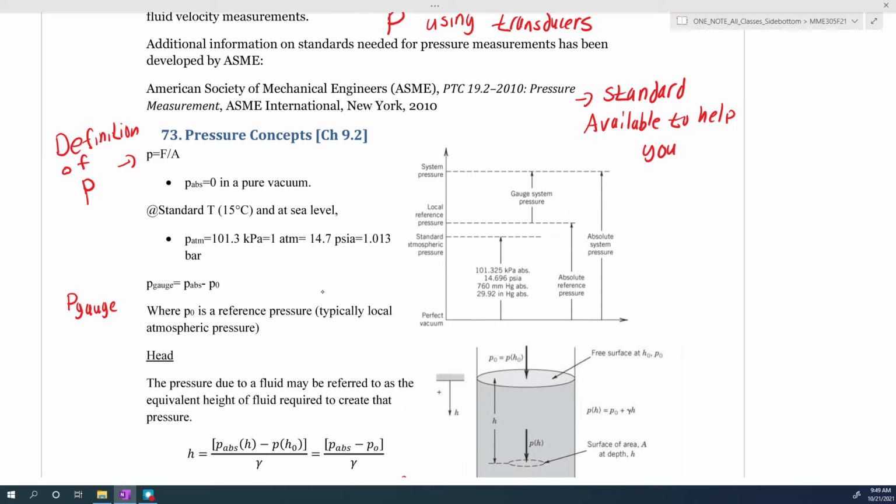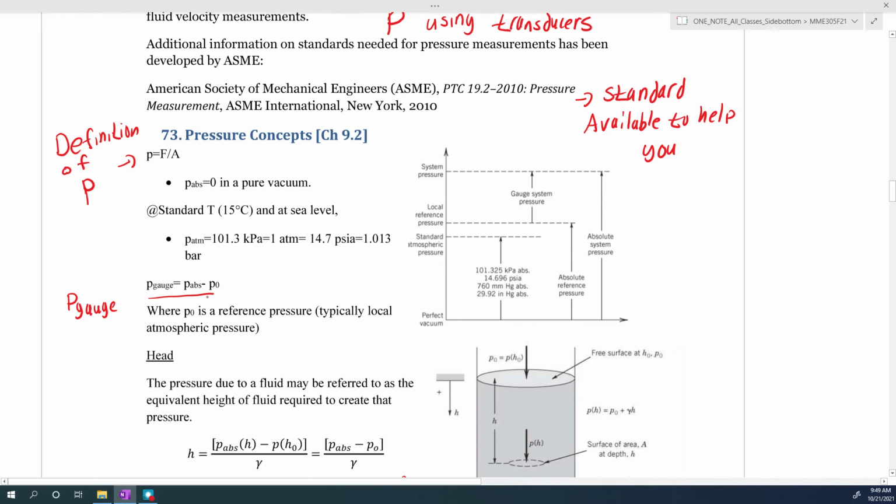Right now, a lot of times, what most people measure, or what we're interested in, is the relative pressure of a system with respect to atmospheric pressure, and that's referred to as the gauge pressure. All right.